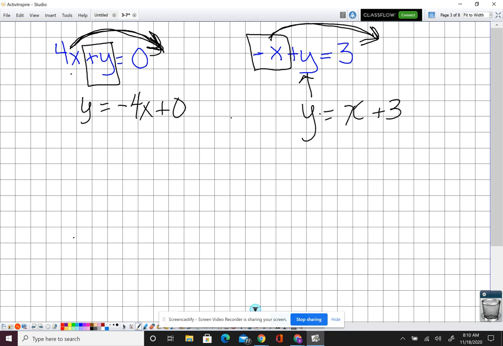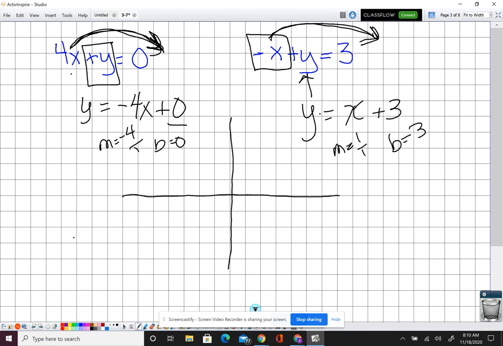So now when I graph these two lines on the same set of axes, this one has a y-intercept of 0 and a slope of -4, and I'm going to write it as -4/1, just so I remember to keep that rise and run in there. And this one has a y-intercept of 3 and a slope of 1, or 1/1.